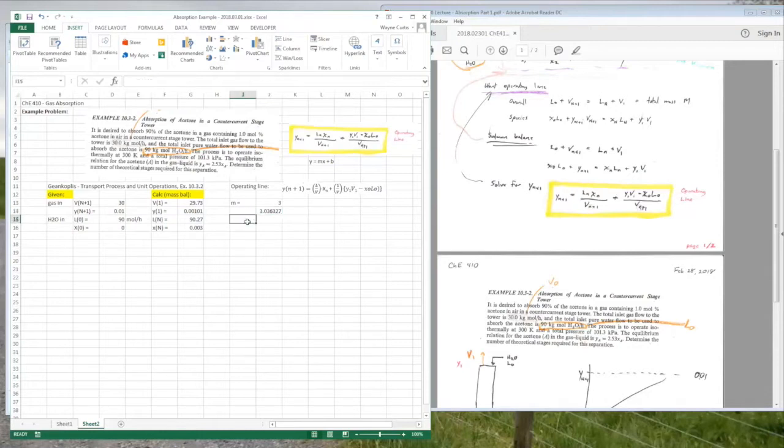And the value of the intercept is also pretty straightforward.